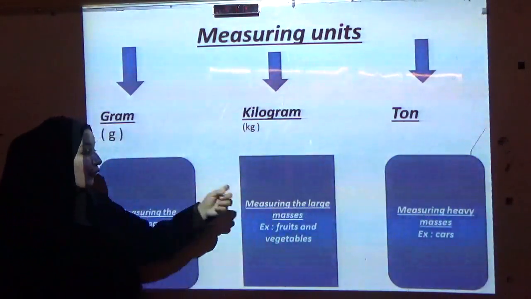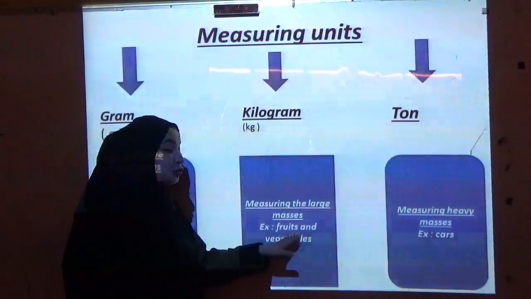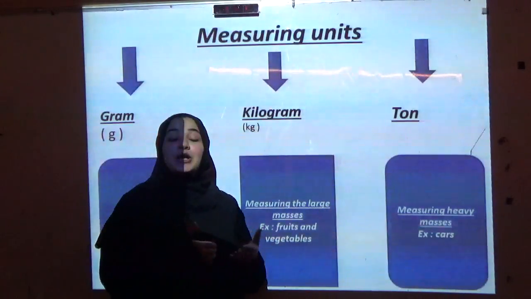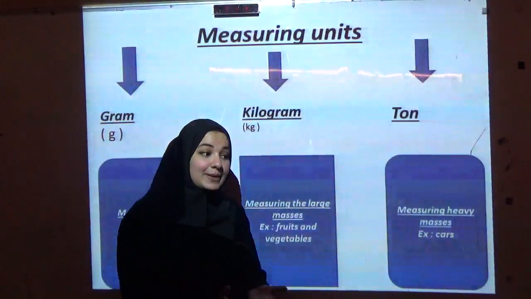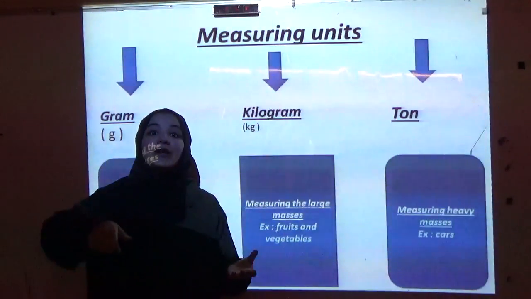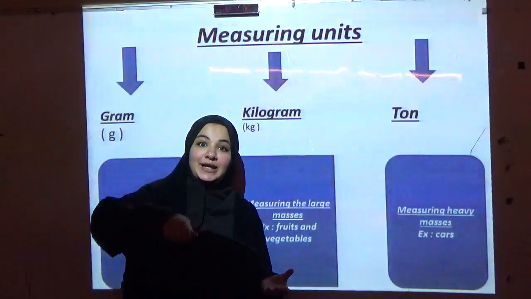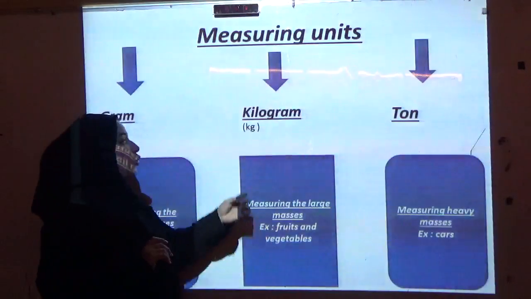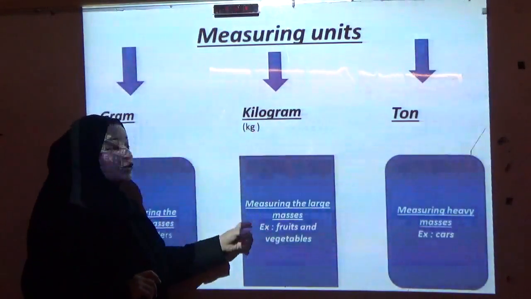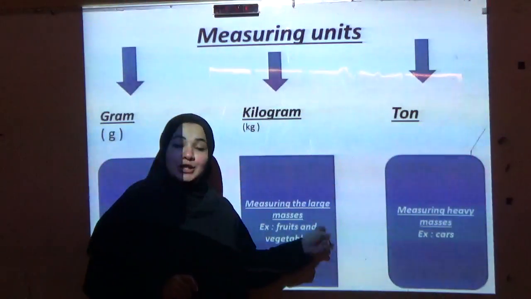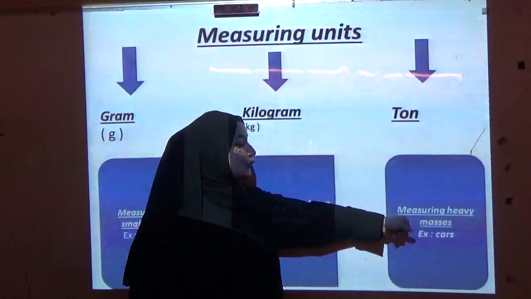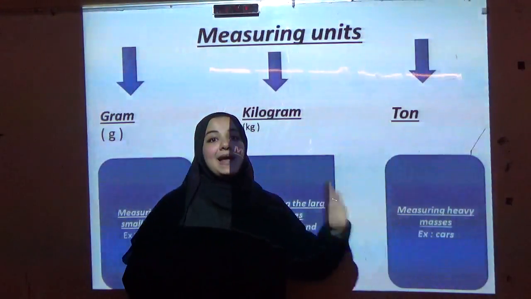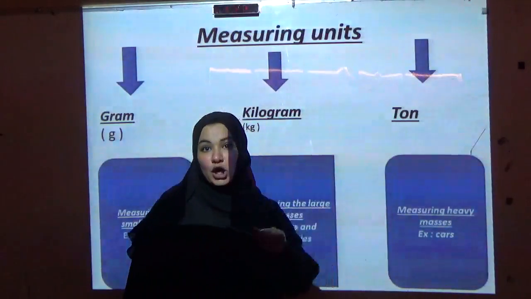For example, the large masses, fruits and vegetables. When I go to buy fruit or vegetables, they usually say 2 kilos of apple, 2 kilos of bananas. So the kilogram is used for measuring the large masses, while the ton is used for measuring very heavy masses. For example, the car.